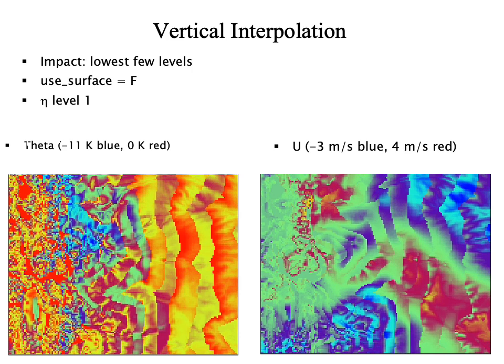So the purpose of showing these few slides for the vertical interpolation is to let the users know that there are a number of options available to allow you to fine-tune the initial conditions and the boundary conditions that are going into the WRF model.